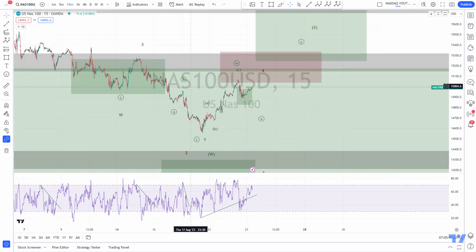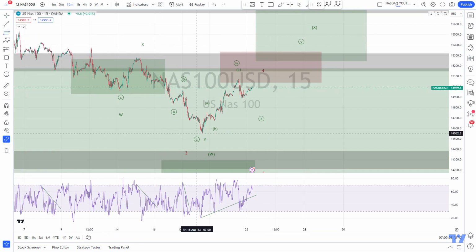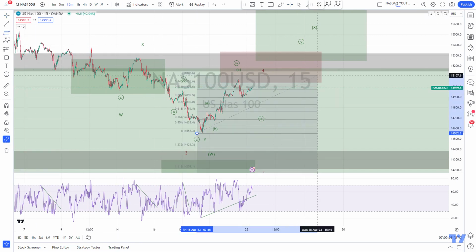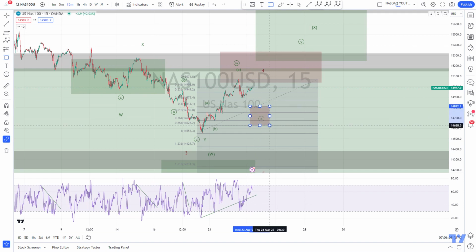And then, okay, yes, we have a reaction from this wave 4 area, but I do not really believe in it anymore. So let me just put my main idea on the chart, something like this then.